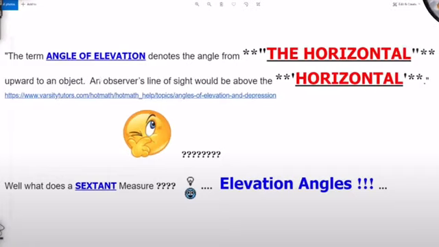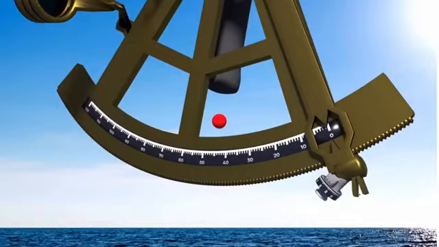The last definition, angle of elevation: the term by Varsity Tutors denotes the angle from the horizontal upward to an object. An observer's line of sight would be above the horizontal. Yep, flat, level, flat adjacent. Simple as that. Well, what does a sextant measure? Would that be elevation angles?